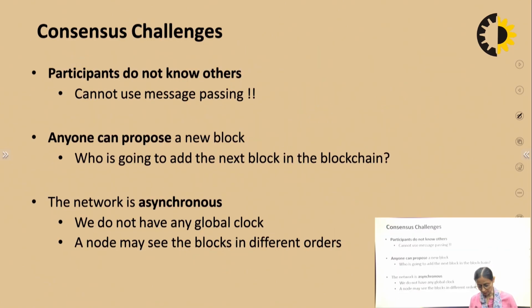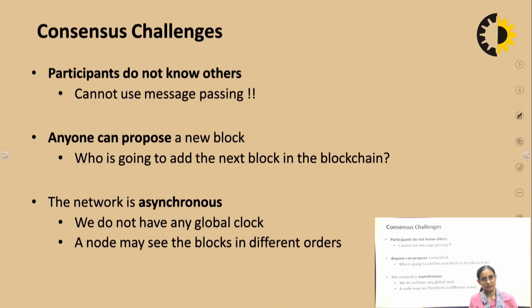When we talk about the consensus algorithm, since it is operated among trustless peers, there are certain challenges which need to be addressed. The participants do not know each other, so there is no trust factor.